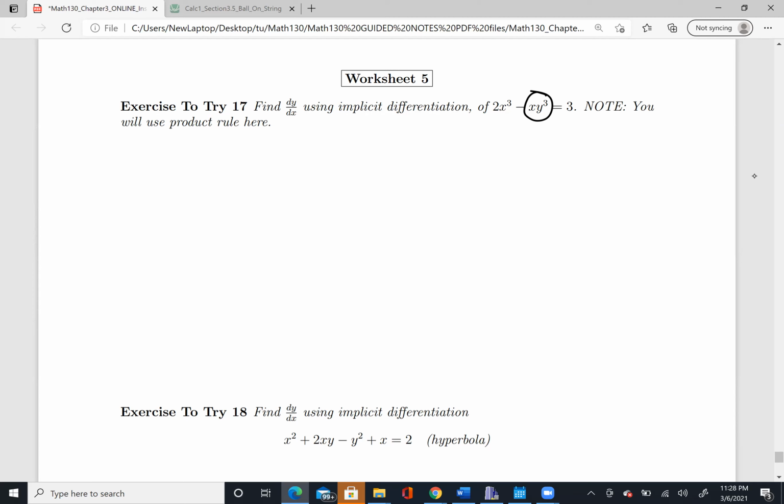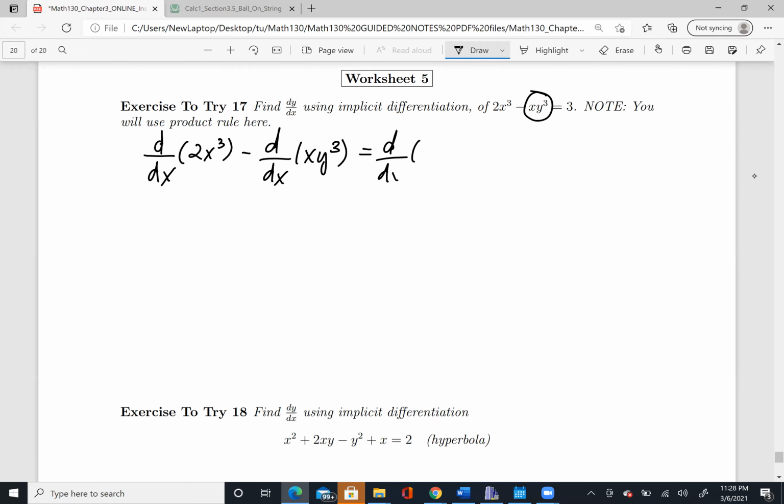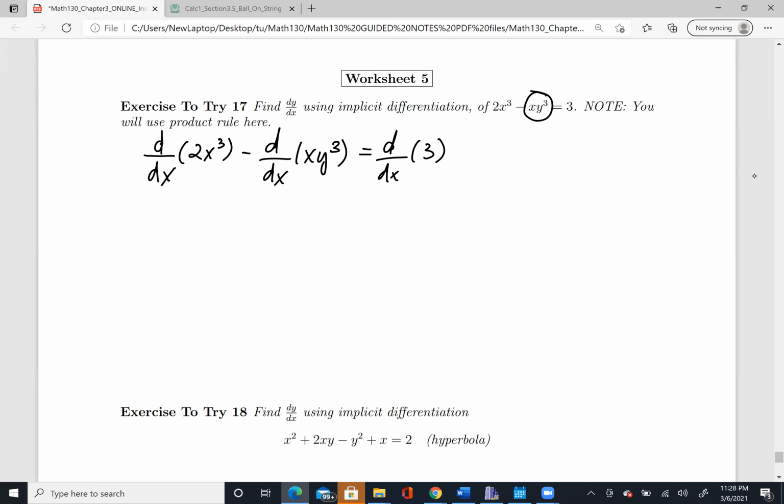So I can give you a head start with the first step: the derivative of 2x cubed minus the derivative of x times y cubed equal to the derivative of 3.